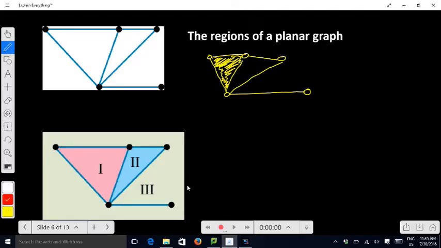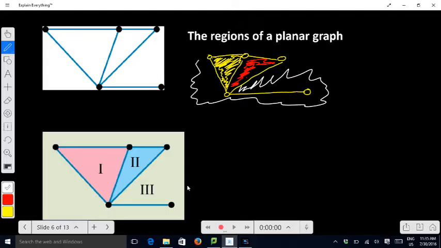And I can do the same thing for this one in here. So that would be region 2. But over here, I don't have a connection between those two, so I would end up coloring in everywhere around. So that would be the third region. And that's it. Just talking about regions, it's can you color in the region bounded by the vertices.